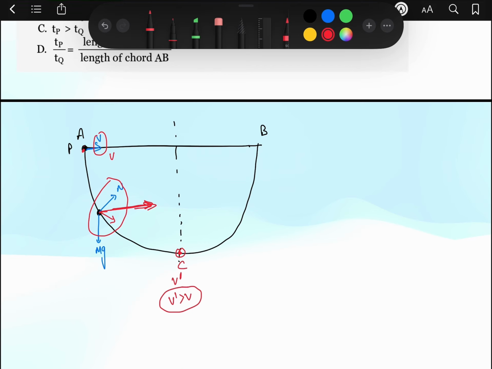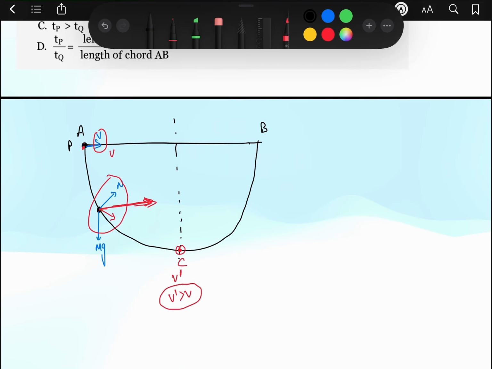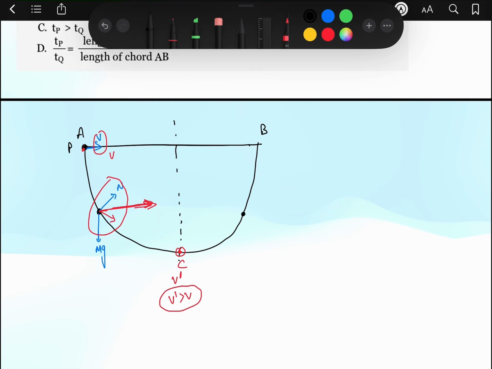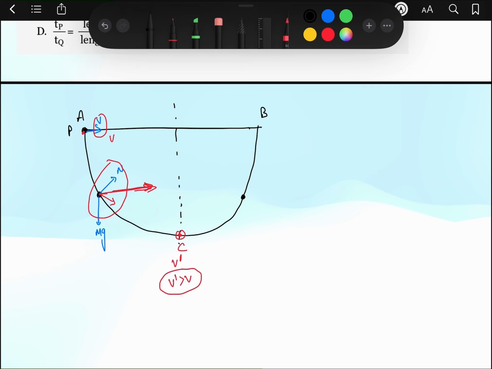Now let us suppose at point C this body has that velocity v dash, which is greater than v. Now again I will assume an intermediate situation between point C and B. Here, what are the forces acting on this body? One will again be the mg force, and one will be the normal reaction.